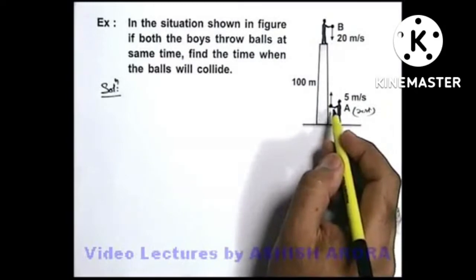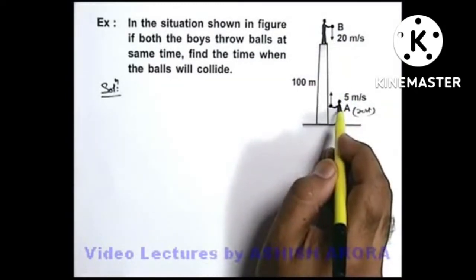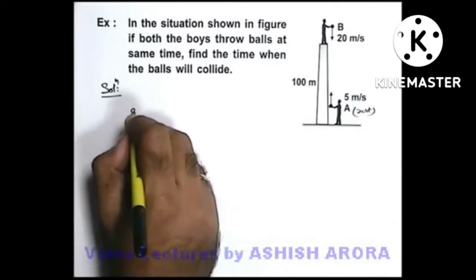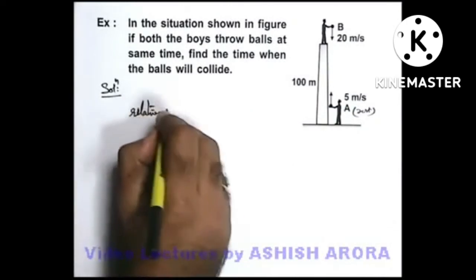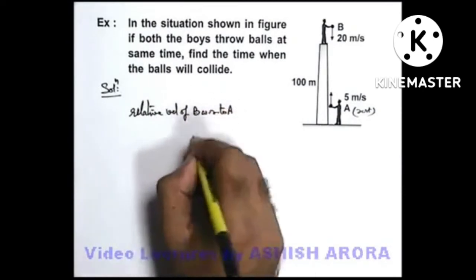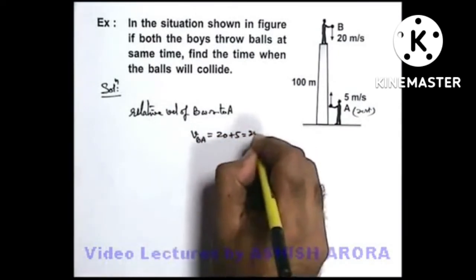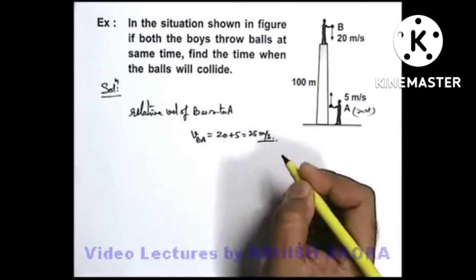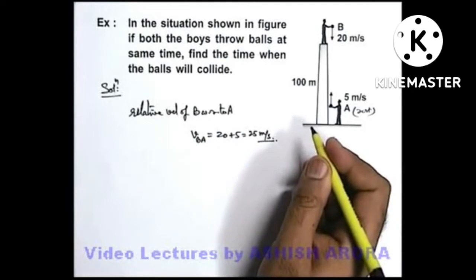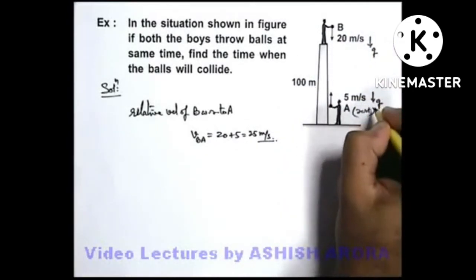As we have studied, when two bodies move opposite to each other, the relative velocity will be the sum of the two velocities. So if we find the relative velocity of B with respect to A, it can be written as 20 plus 5, which is 25 meters per second. If we talk about the acceleration of the balls, you can see one is coming down at an acceleration g and the other is also coming down at the same acceleration g.